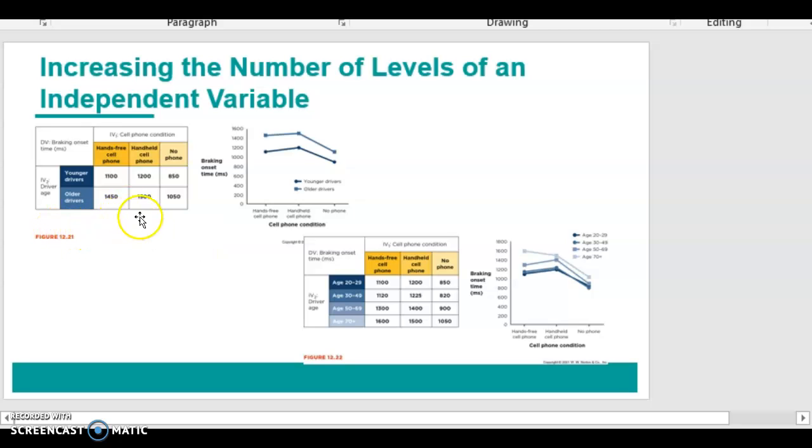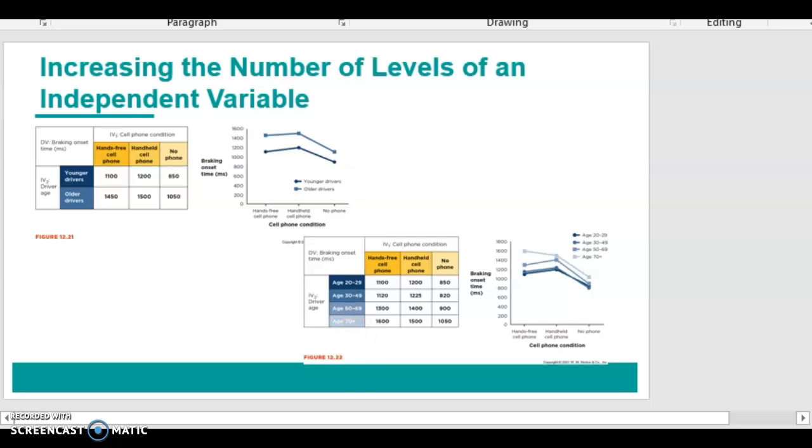If we have blank times blank times blank, that means we have 3 independent variables. So blank times blank means we have 2 independent variables. Then the number we put inside there tells us the level. So 2x2, 2x3, 3x4.